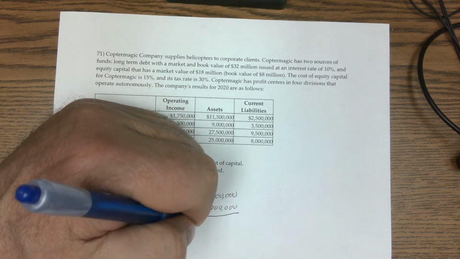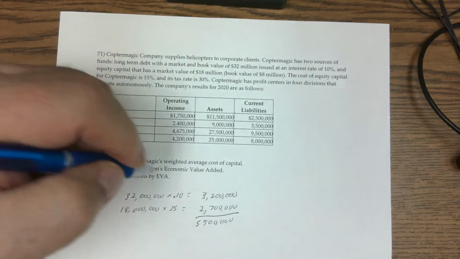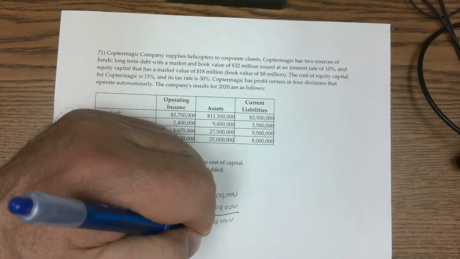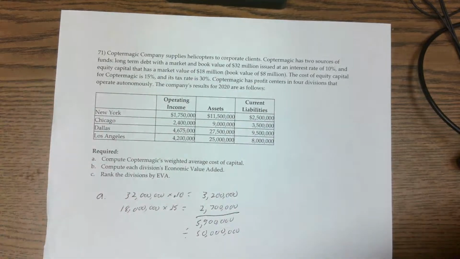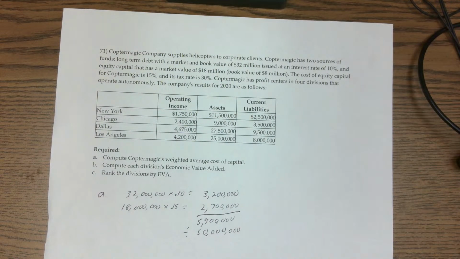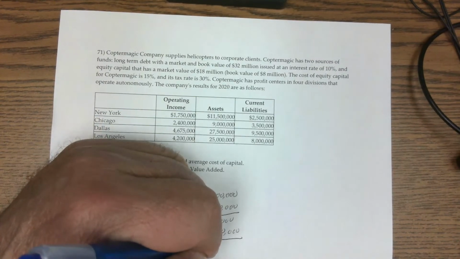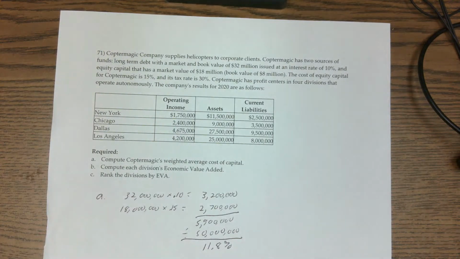Add those two together, 5,900,000. These together are 50 million. Divide that by 50 million. And I get 11.8% as their cost of capital.